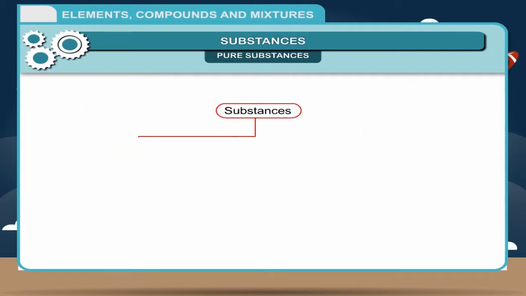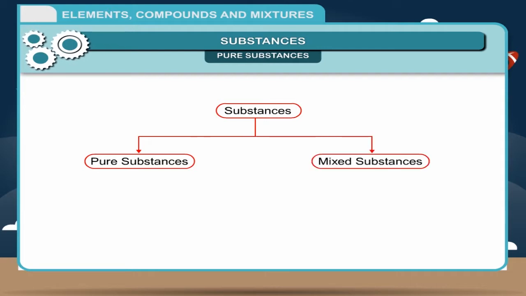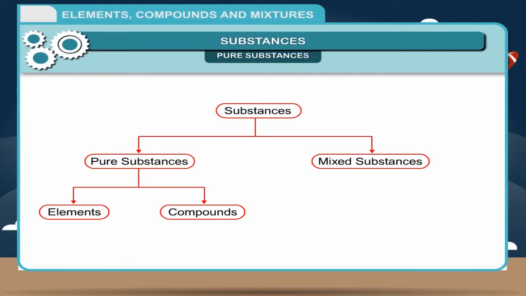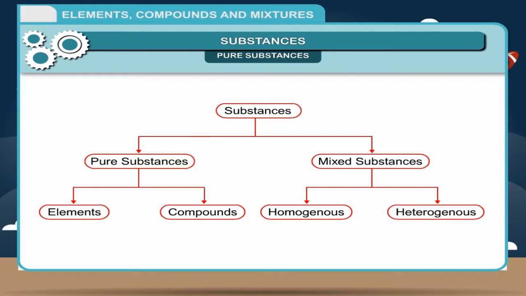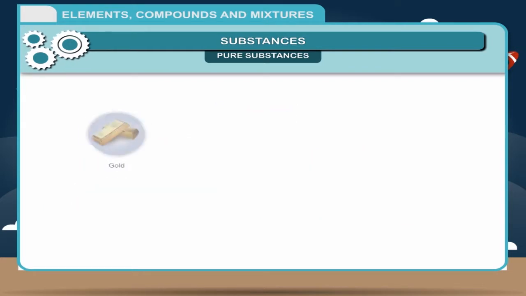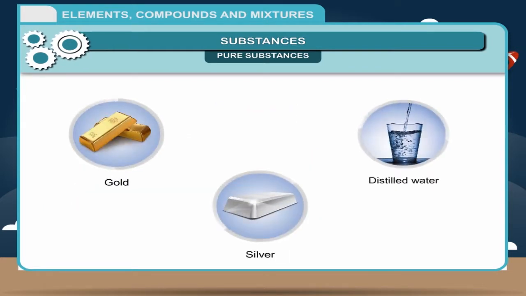Pure substances: elements, compounds. Mixed substances: homogeneous, heterogeneous. A pure substance may be defined as a substance which contains particles of the same kind with same properties.